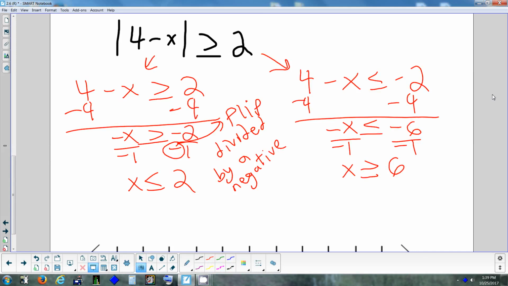Alright? So I made a little note here. I had to flip because I divided by a negative. So here, it was greater than, I had to flip it to less than. And I had a negative divided by a negative. That's why I got a positive result. The same thing happens over here.